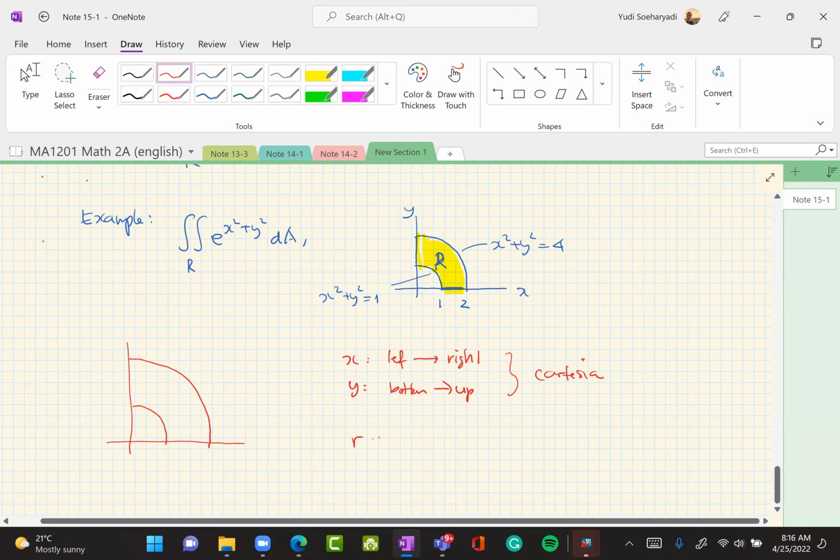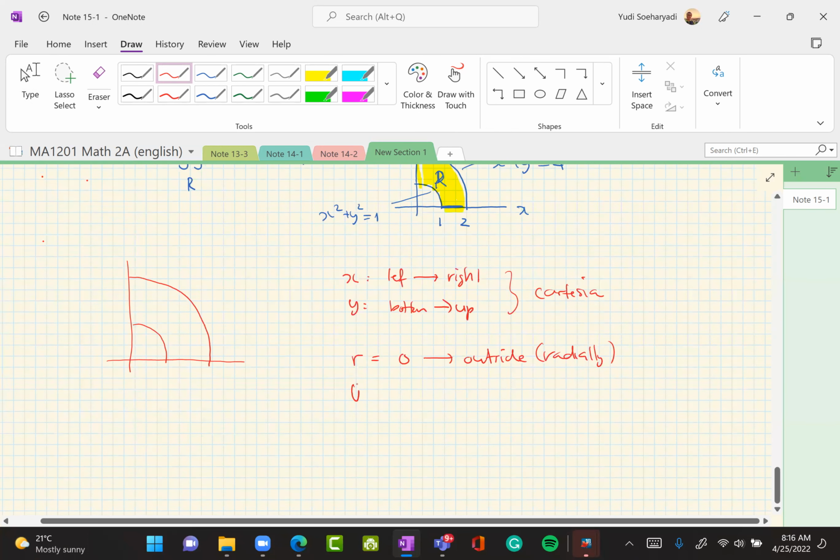In polar, r is going from 0 going outside, always radially. r is radial, and theta is the sweep angle. So this is in polar.